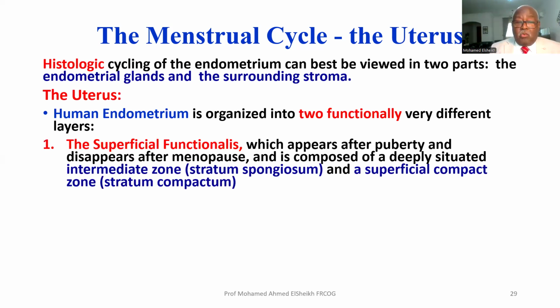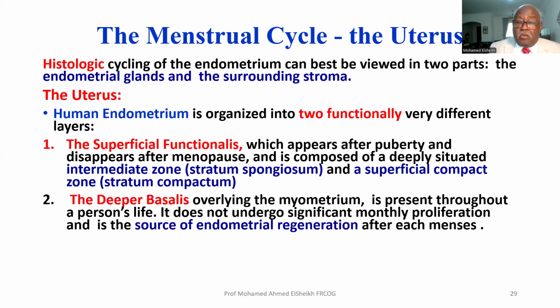The first one is the superficial functionalis, or the functional layer, that appears after puberty and disappears after the menopause, composed of a deeply situated intermediate zone, which we call stratum spongiosum, and a superficial compact zone called stratum compactum. The second layer is the deeper basalis, or the basal layer.